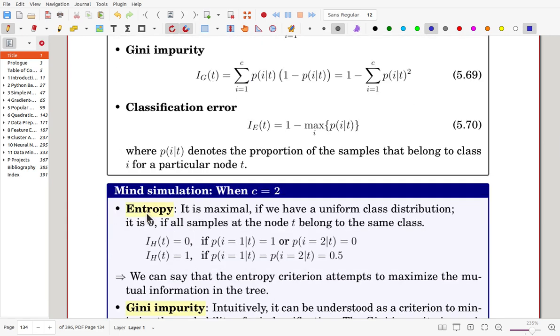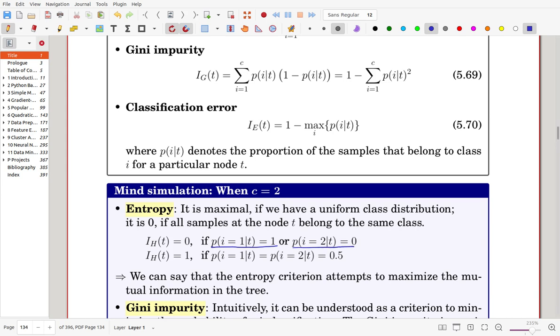Okay, for entropy, it is a maximum if we have a uniform class distribution, and it is 0 if all samples at the node T belong to the same class. That is exactly this case. Now in node T, every point is in class 1, so P1 is 1, but P2 must be 0.